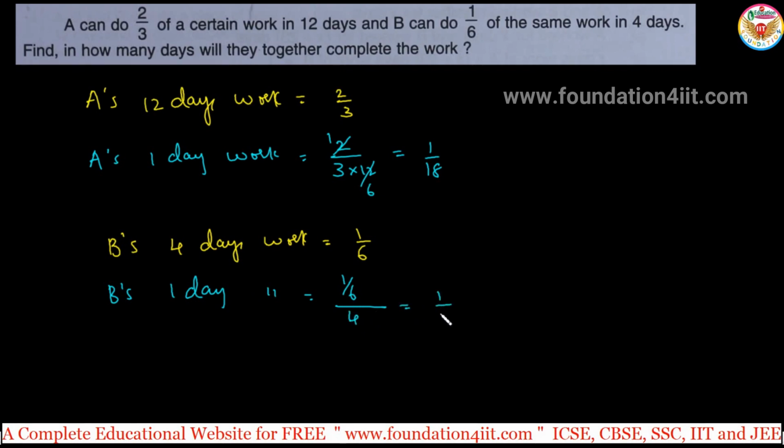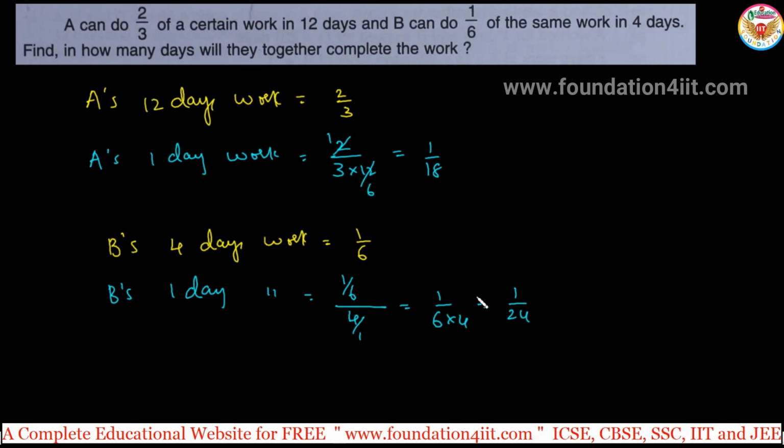That means you can write 1 by 6 into 1 by 4, taking the reciprocal of 4 by 1, that is 1 by 24. Right? So we got A's 1 day capacity and B's 1 day capacity. A can do 1 by 18th in 1 day, and B can do 1 by 24th in 1 day.